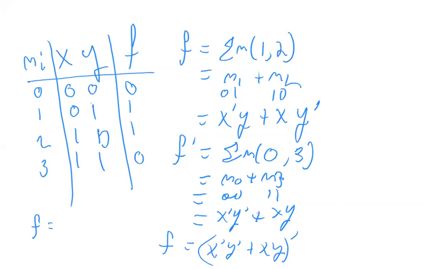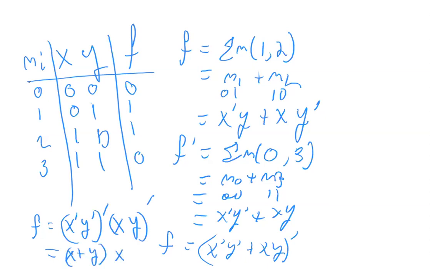And that form will have x prime y prime, quantity primed, plus gets turned to times xy quantity primed. And now with De Morgan's theorem, I can write x or y times x or y prime. And this is a canonical product of sums.